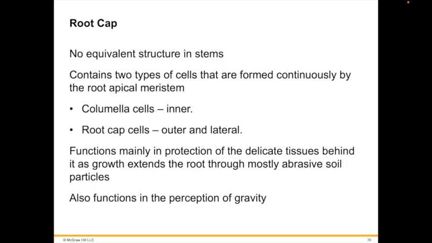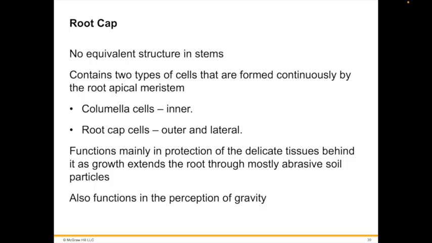The root cap also functions in the perception of gravity. Columella cells are highly specialized, with the endoplasmic reticulum in the periphery and the nucleus located either in the middle or the top of the cell. They lack large vacuoles.